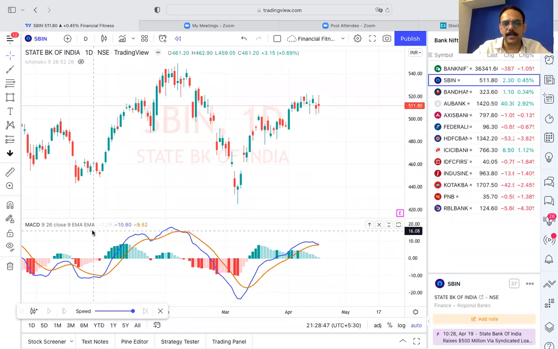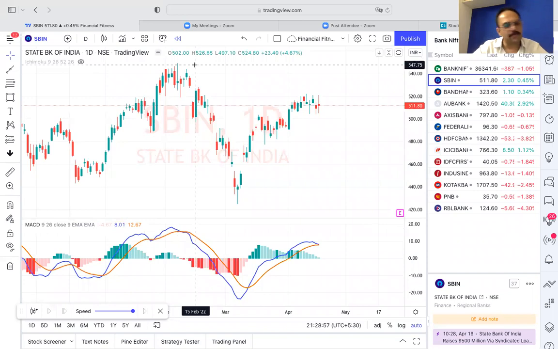See, for 1:3 reward ratio, you should keep some targets, right? Or you have to do it consistently that way.